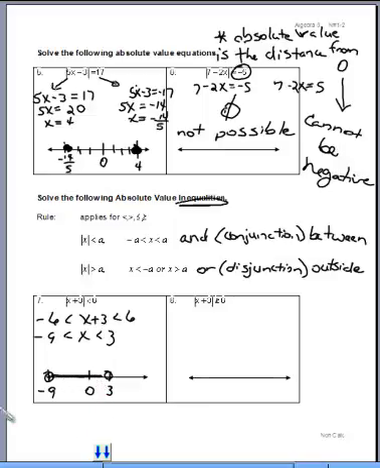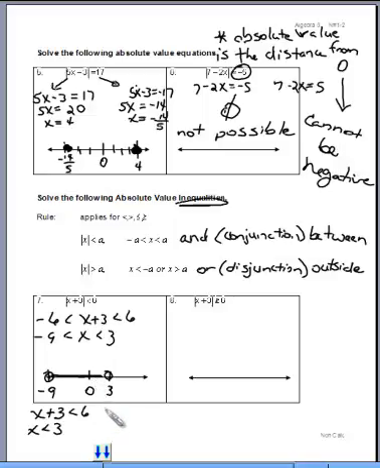Now what if you didn't remember? The important thing you need to remember for solving these is when you set up your negative equation, you need to turn the sign around because that's what happens. Remember when you have the negative. So if I had x plus 3 is less than 6, that one you set up just as it is. And you would find that x is less than 3, which we've drawn.